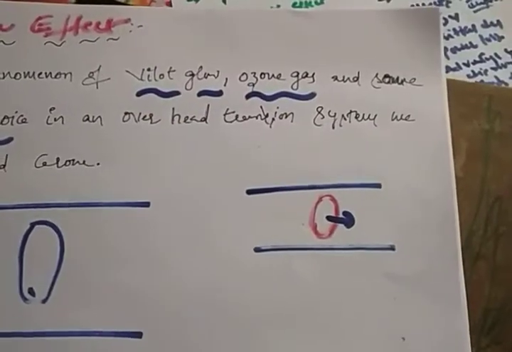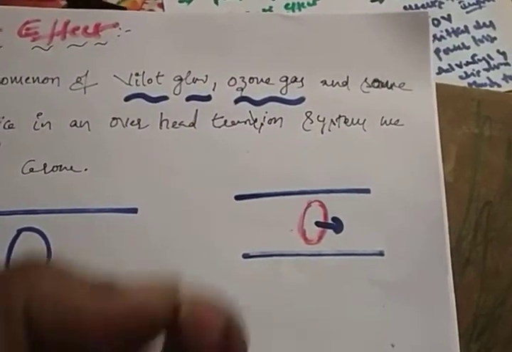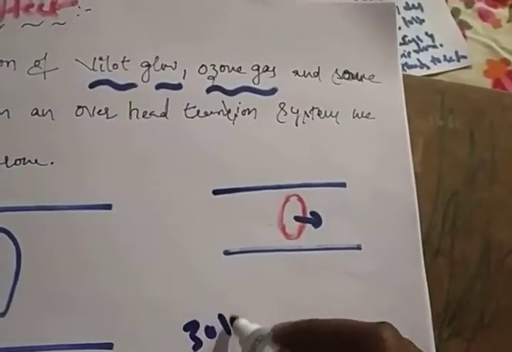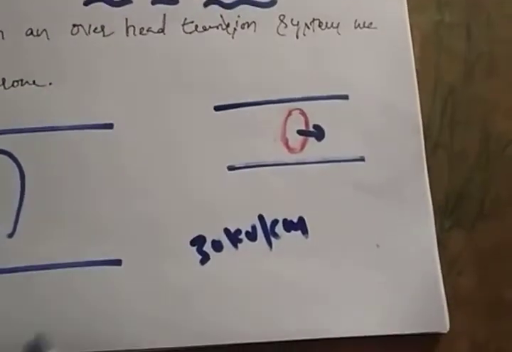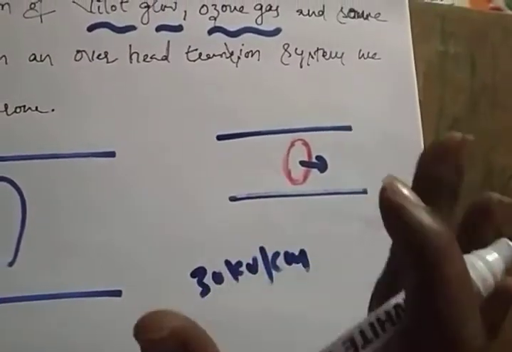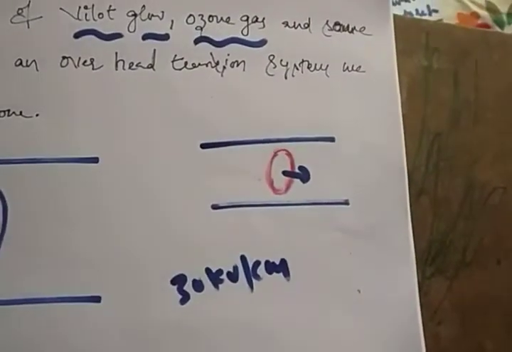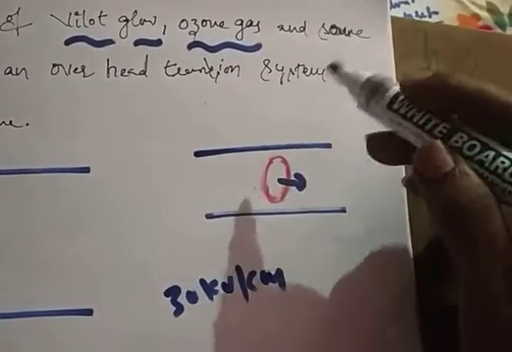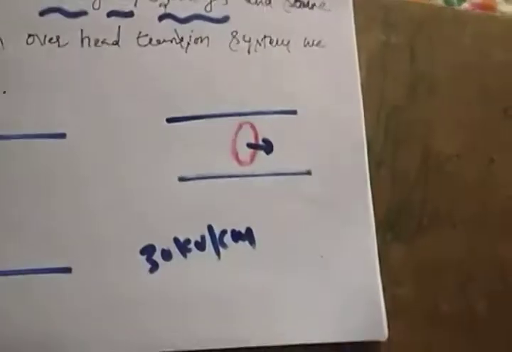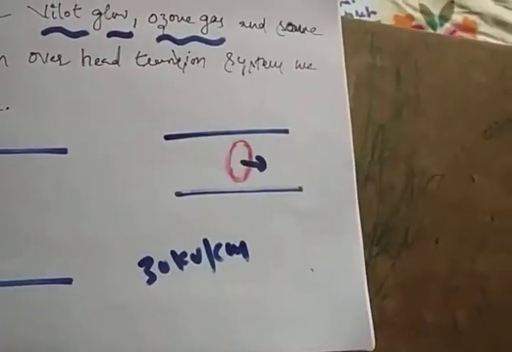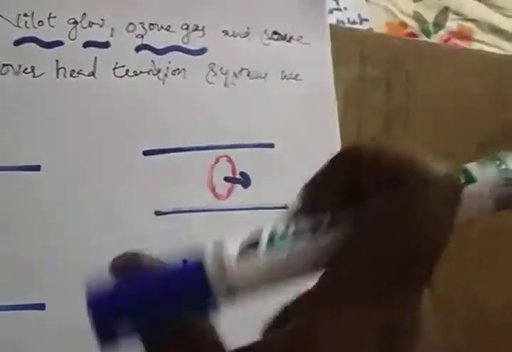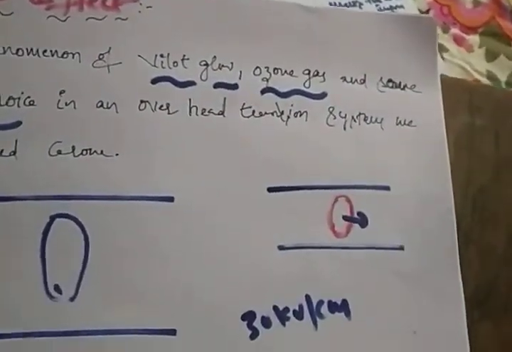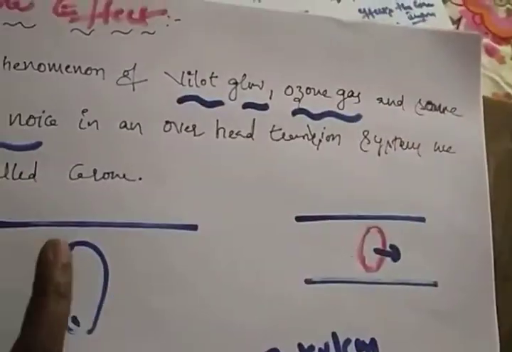Air is actually an insulator, but when the voltage crosses its dielectric strength, which is 30 kV per centimeter, the air will act as a conductor. Then some issue is created, that noise and that glow, which we call corona. I just wanted to explain how corona forms.